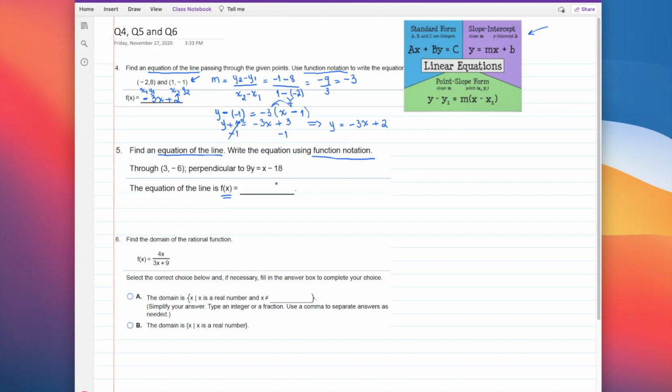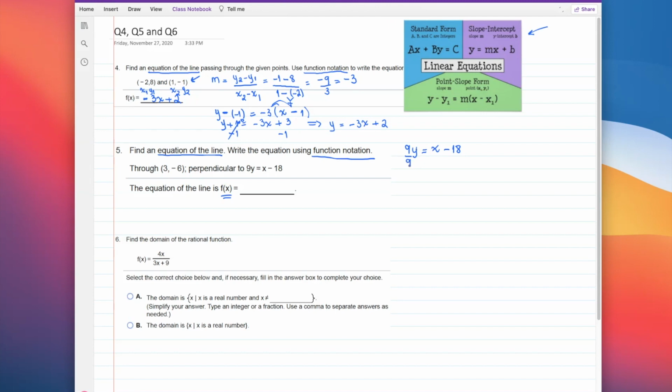Okay, so when I say that the line passing through this point is perpendicular to this one, I know that there is a very important property when two lines are perpendicular. First of all, I need to write this line that they gave to me in slope-intercept form, because it is not, because there is a 9 in front of the y.